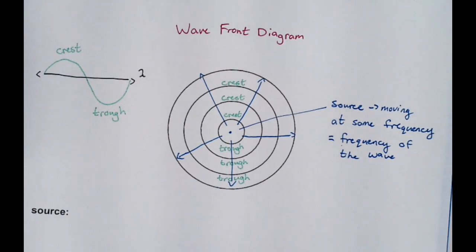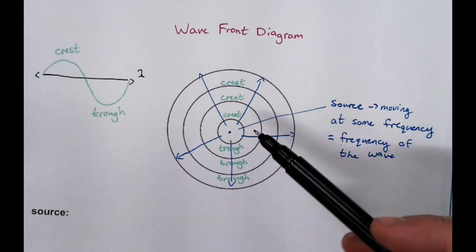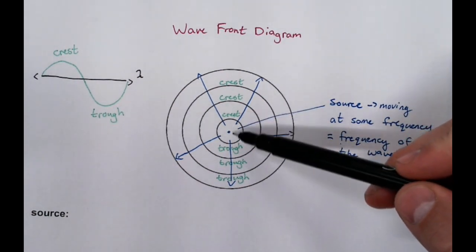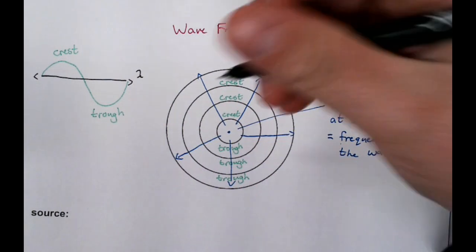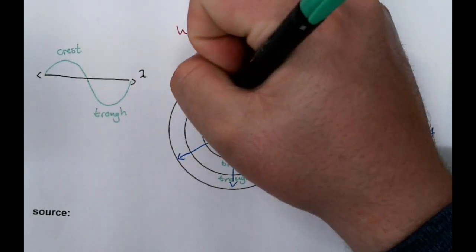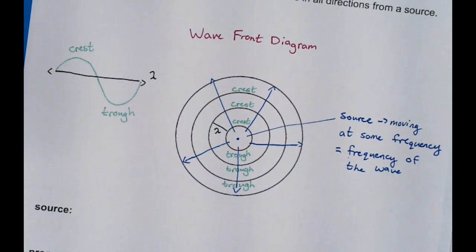One last thing on this wavefront diagram, if we have a crest and a trough, between each of those, that is equal to one wavelength.